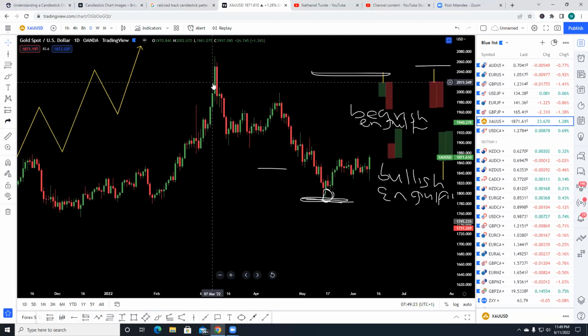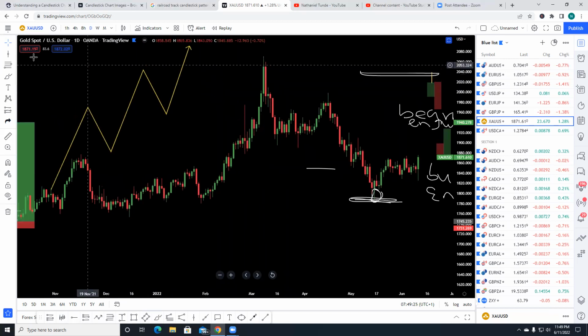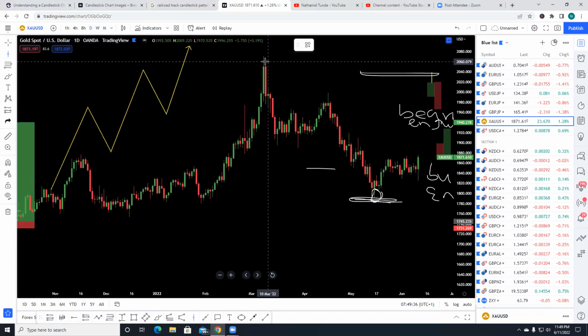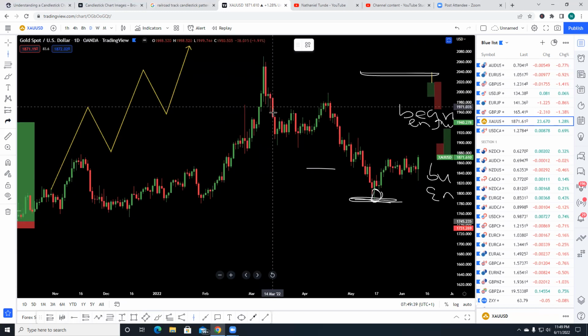When you see that, at the formation of these two candlesticks on a daily time frame, you know that the buy is over. Now you want to get ready for a sell.